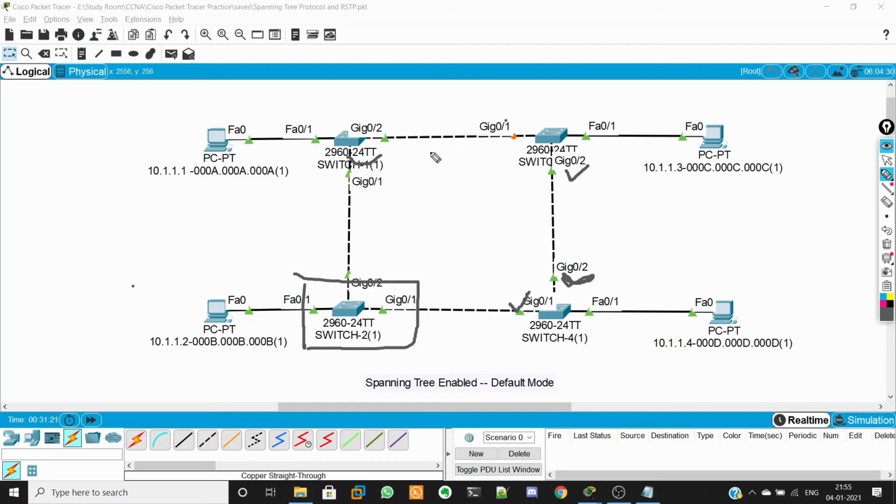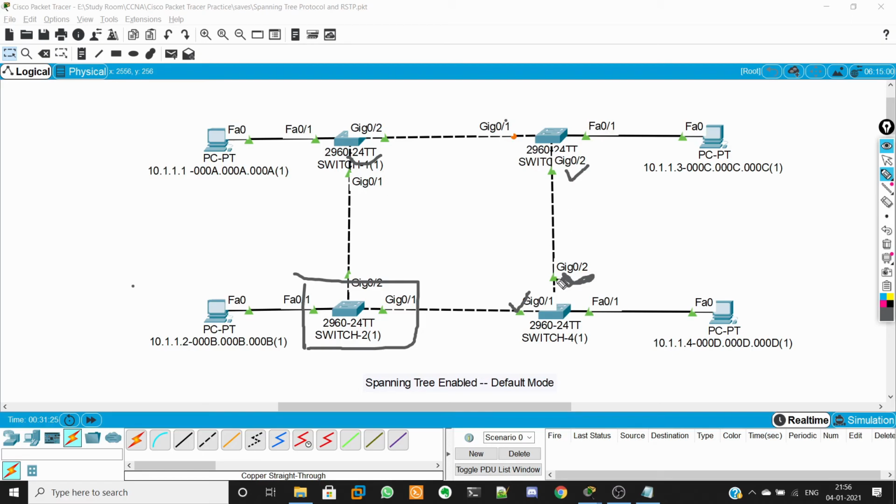This Gigabit 0/2 interface of switch 1 has the lowest cost to reach the root switch, hence it got elected as the designated port. So obviously the remaining port, Gigabit 0/1, is kept in the blocking state.